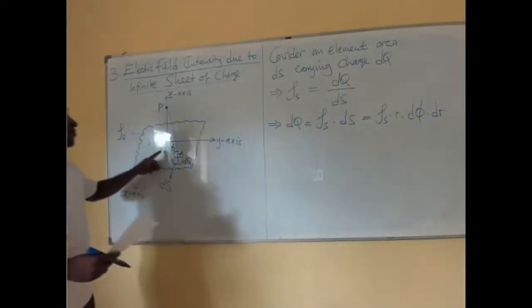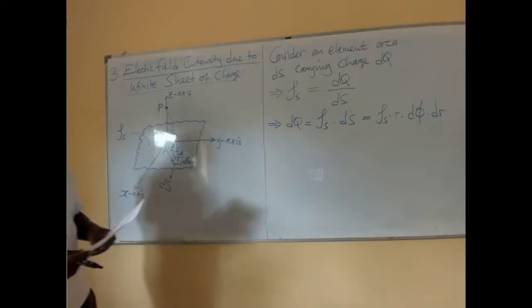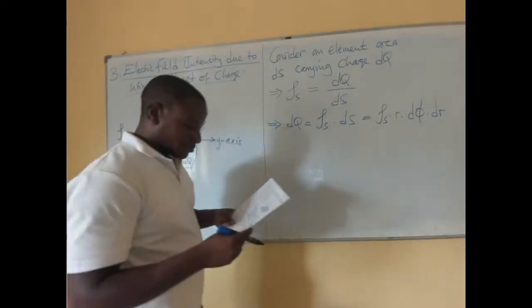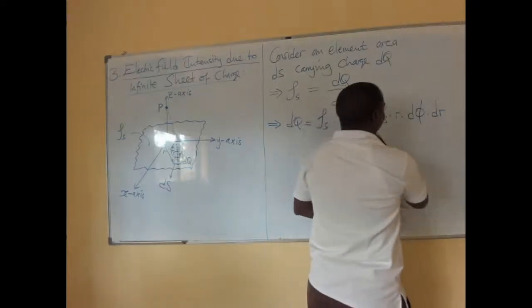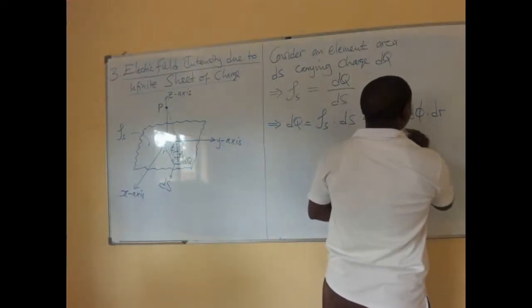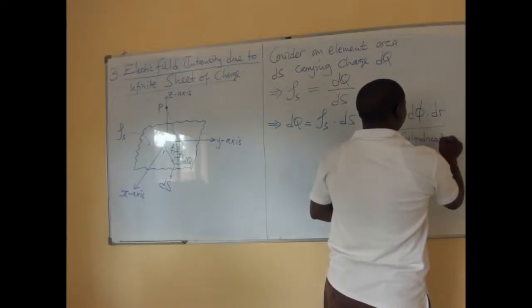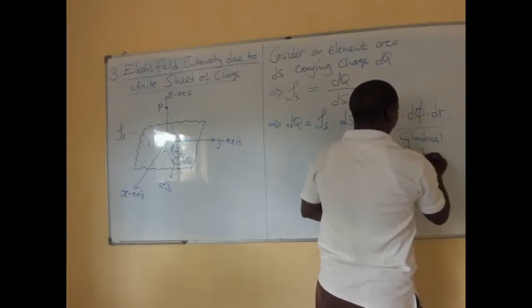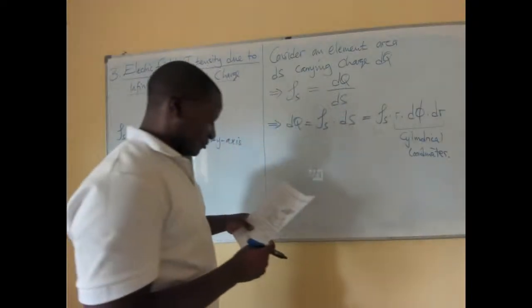So we have the r here, then we have the phi, which is the angle that we have. So we have the arrow here. Of course, don't forget that what we have here is actually cylindrical coordinates.